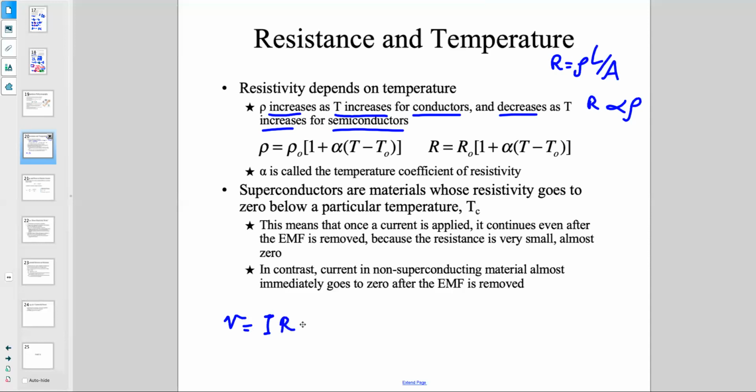If you remove this V, the battery, the electromotive force, since there is no resistance, these electrons will complete the circuit, a closed path, without any problem. In contrast, current in non-superconducting materials almost immediately goes to 0 after the EMF is removed.